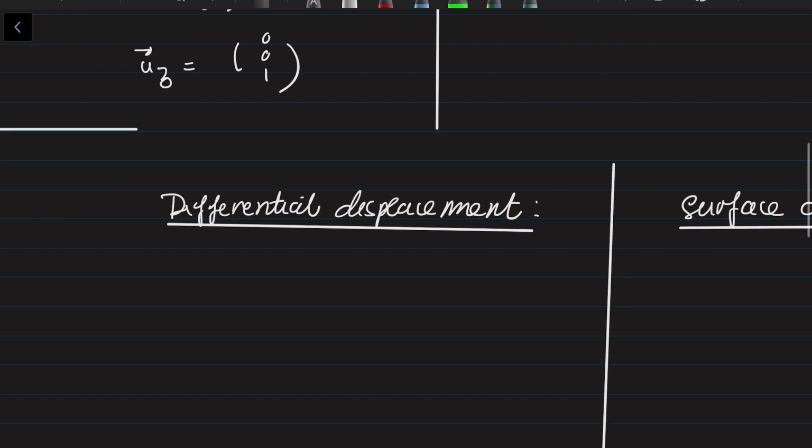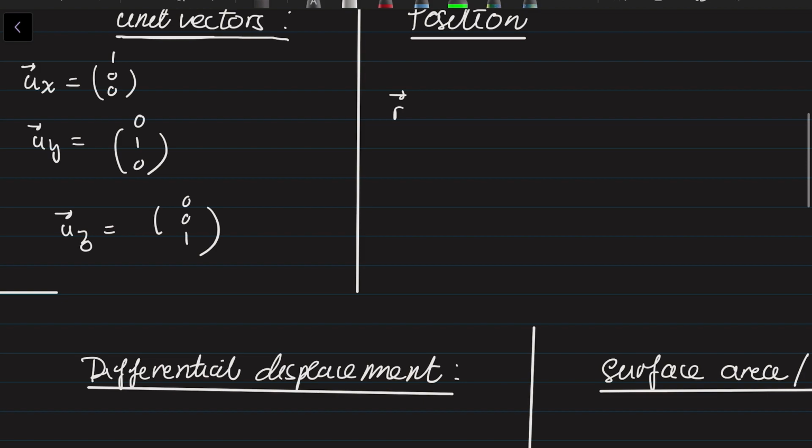So my position vector can just be written as r = x ux + y uy + z uz. This definition is quite general, because in any coordinate system, we can write the position vector this way. Okay, so that's nice.